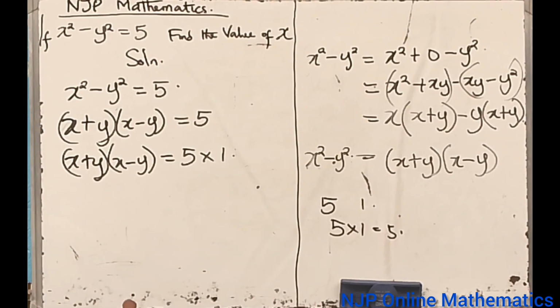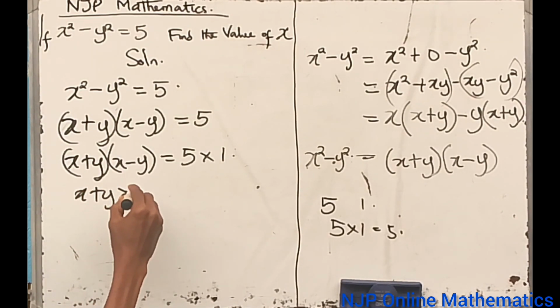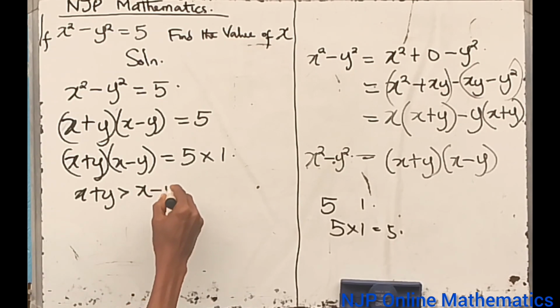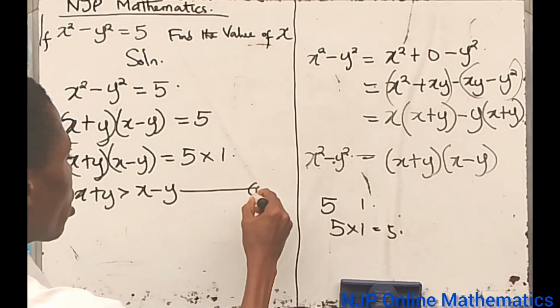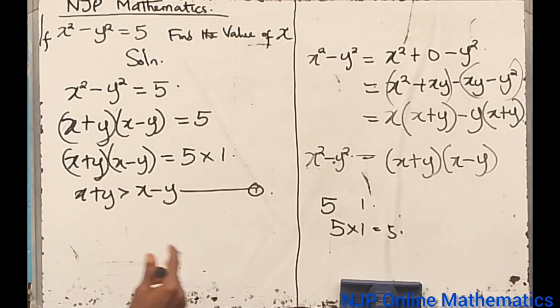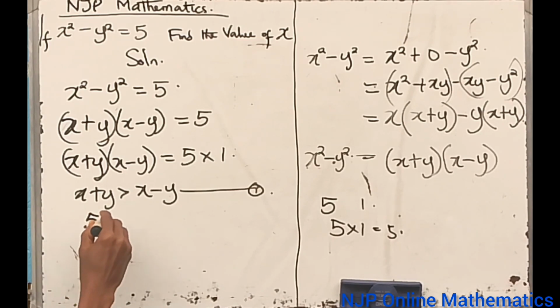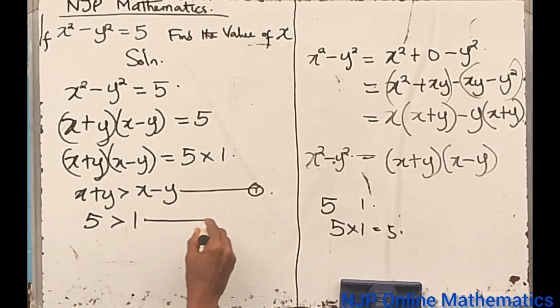So we can see that on the left hand side, x plus y is greater than x minus y. This is the first condition. And on the right hand side, 5 is greater than 1. This becomes the second condition.